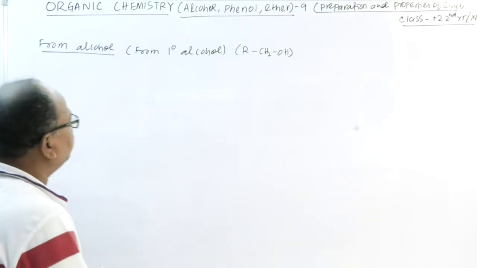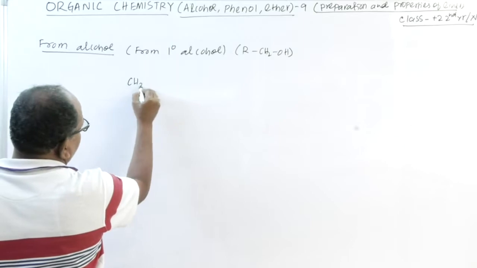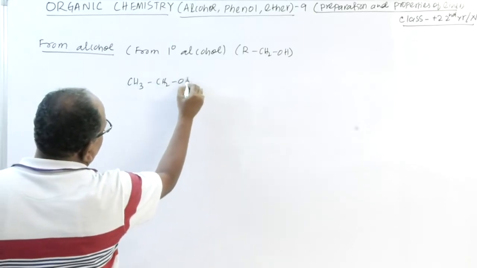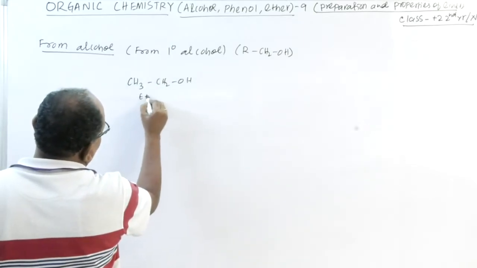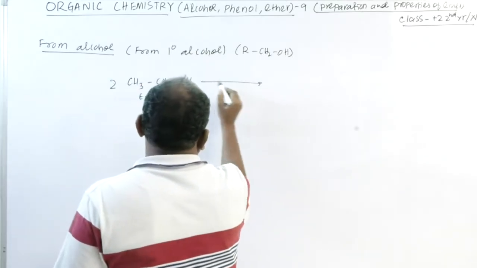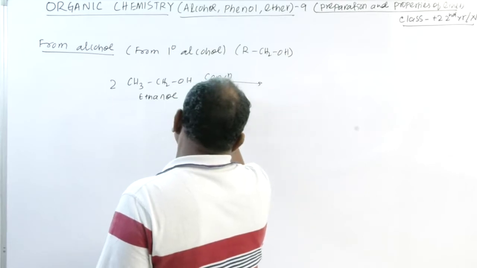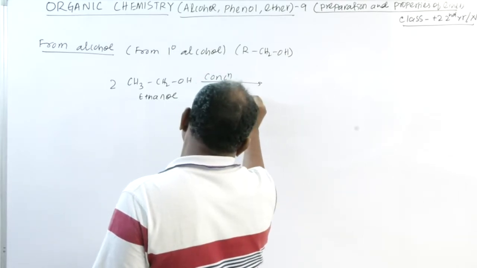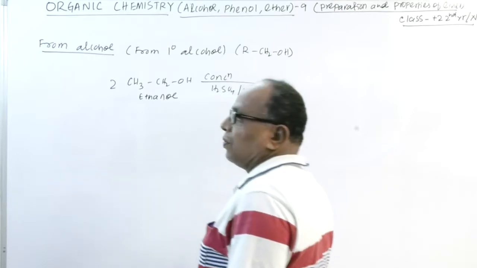What is ethanol? That is CH3CH2OH. This is called ethanol. Two molecules heated with concentrated sulfuric acid at 140 degrees C. What product is this?